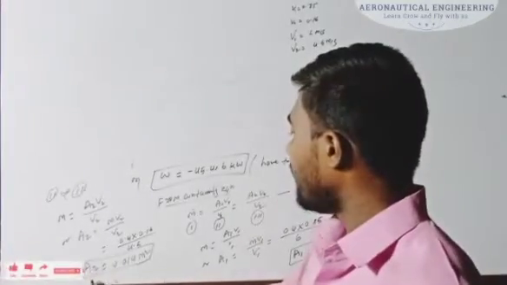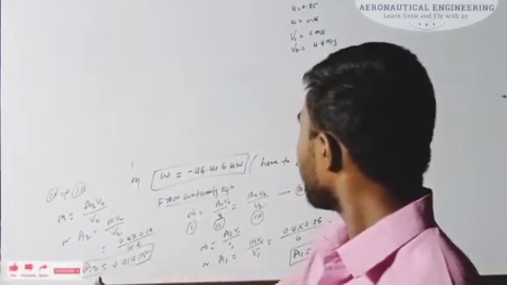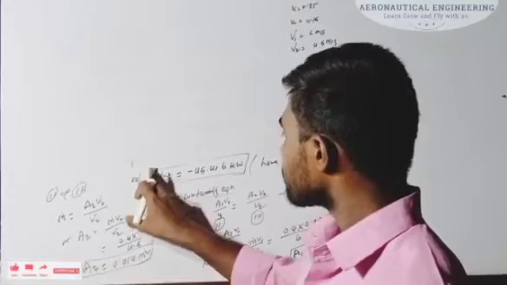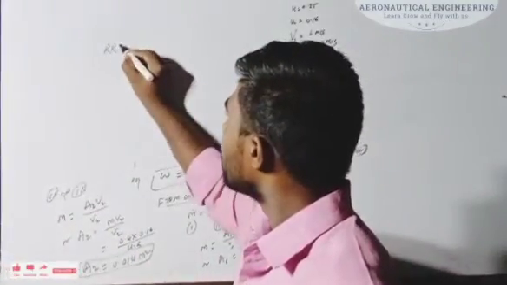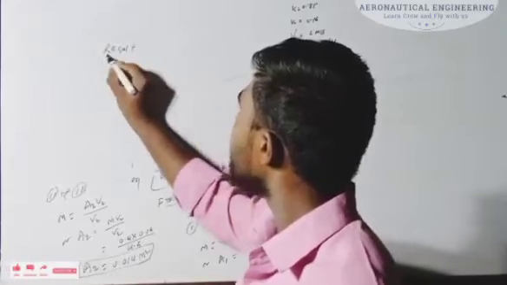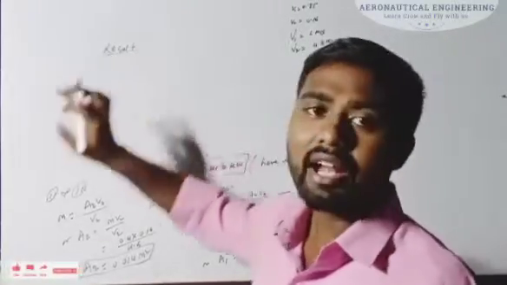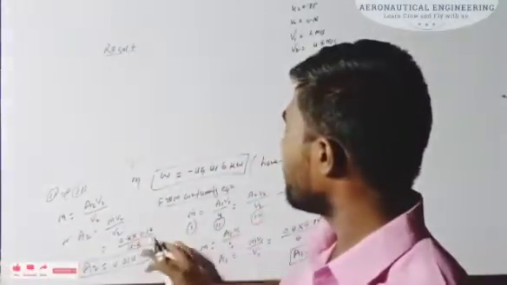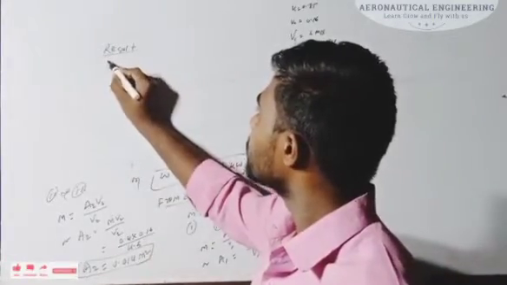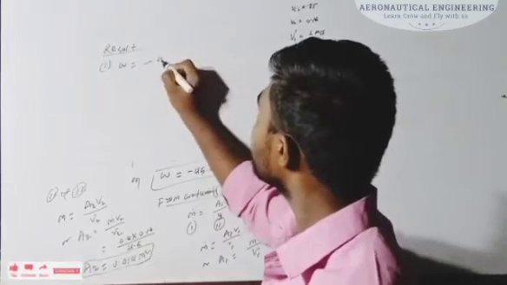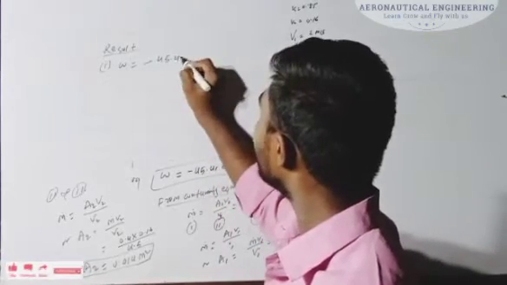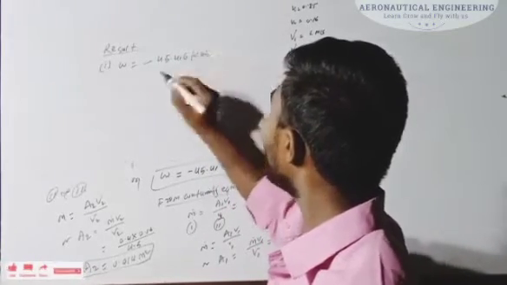So we have already found the A1, A2 values and the power required by the compressor. At last, in university exam, you have to just write the result, the result you have obtained after solving the question. So first, W equal to minus 45.416 kilowatt.